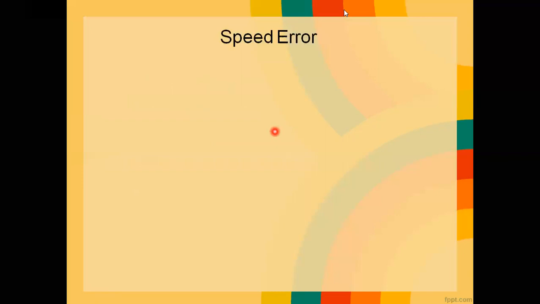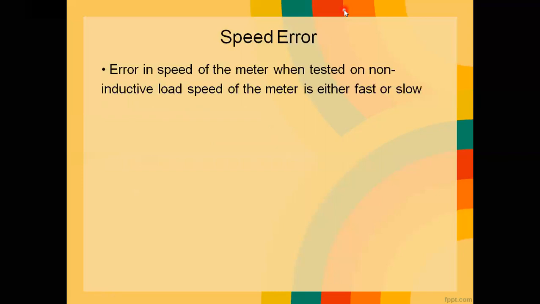Let us go to the next error, speed error. Error in speed of the meter when tested on non-inductive load. Speed of the meter is either fast or slow. So for non-inductive loads, the meter is either fast or slow.